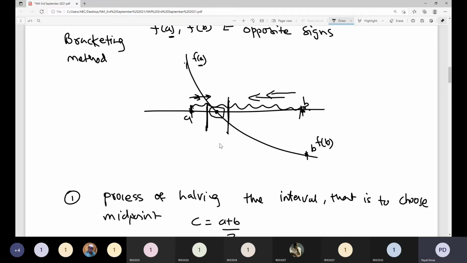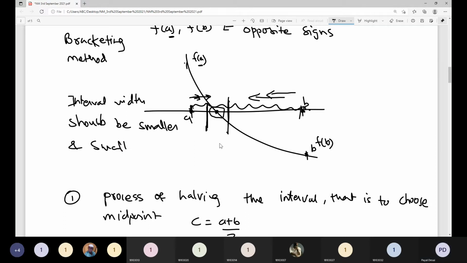These two values a and b keep on changing in such a way that they give you the smallest interval which brackets the root, with the smallest width. So this interval width should be smaller and smaller. You have to squeeze it. And the first step, how can we achieve this? If I take the midpoint, a plus b by 2, I try to at least minimize the interval.